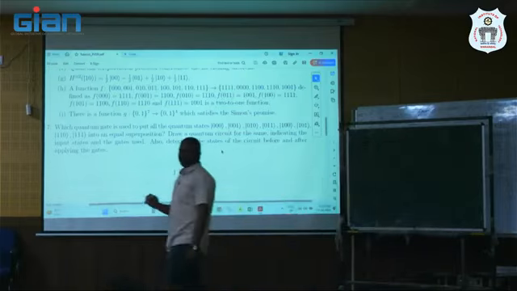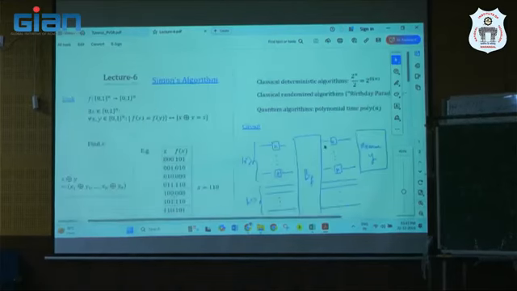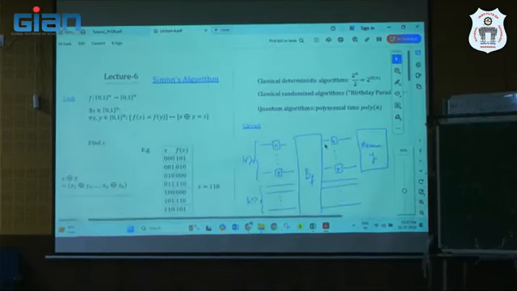Read this and tell me what condition the function has promised to satisfy. You see that f of x equals f of y if and only if x xor y equals s. That condition should be satisfied.